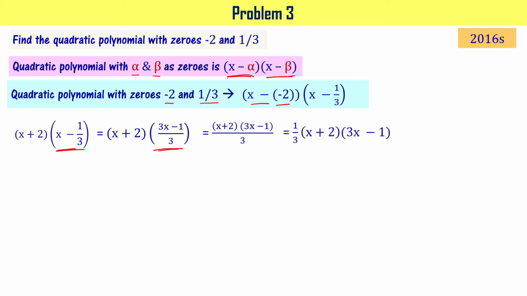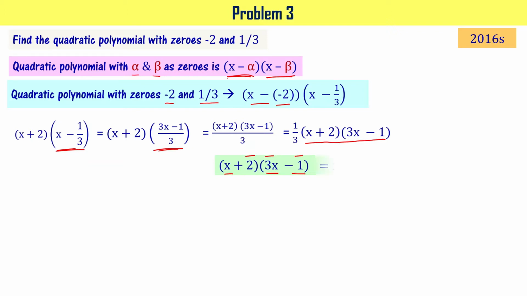I can write it as 1 by 3 times x plus 2 times 3x minus 1, right? Let's multiply these two first. X plus 2 times 3x minus 1. For that, what we'll be doing is we'll be multiplying x with 3x first and x with minus 1 and then 2 with 3x and 2 with minus 1, right?